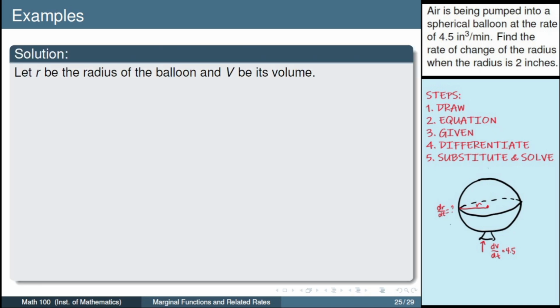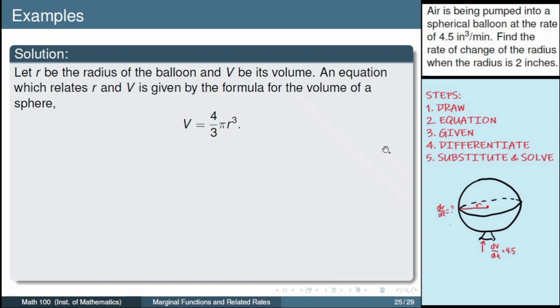Right. Second is to relate the variables. Again, we have two variables, r to be the radius of the balloon and V to be its volume. And we're talking about the sphere, so we can relate the volume and the radius by the formula for the volume of the sphere. Okay? So this is the volume of the sphere. You have V equals 4/3 pi r cubed.